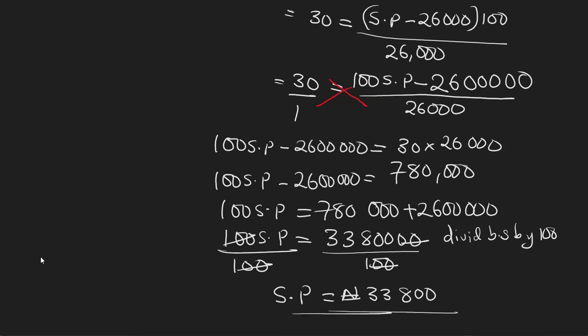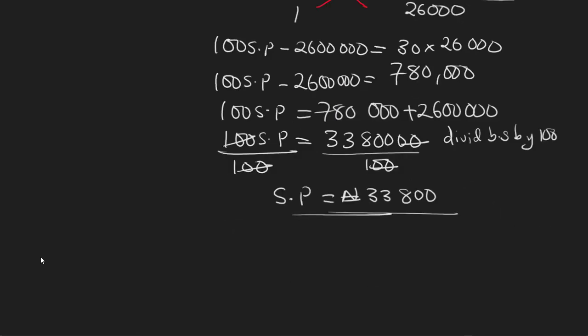But remember, this is the entire selling price for the half of the tomatoes, but we are looking for the selling price per kg, because the question says we should calculate the selling price per kg.